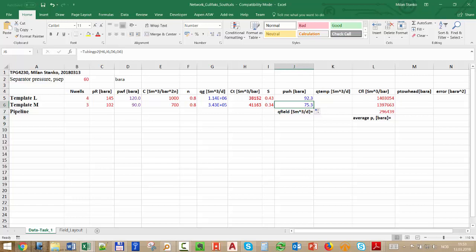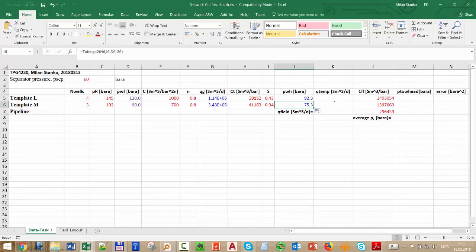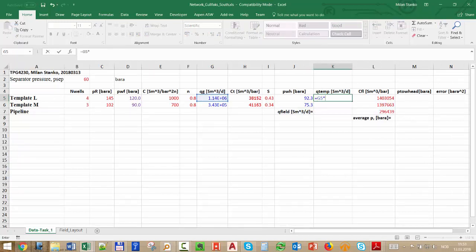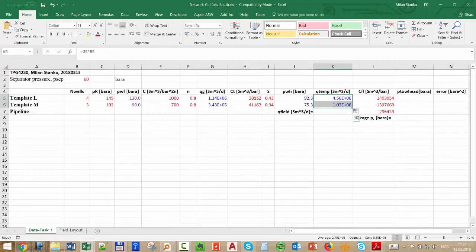Okay, that's for a single well. Now I know that this template doesn't have just a single well, but three, which are the same. So the Q of the template will be just this rate times the number of wells that template has, and that's actually the rate of the flow line. The flow line is carrying not the production of one well, but from all of them.